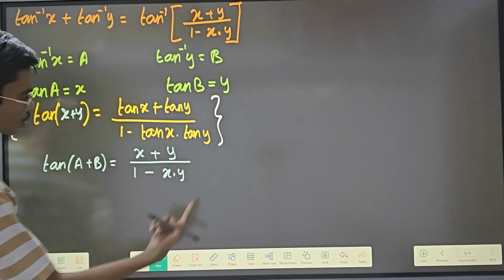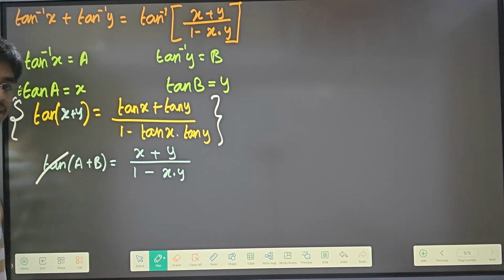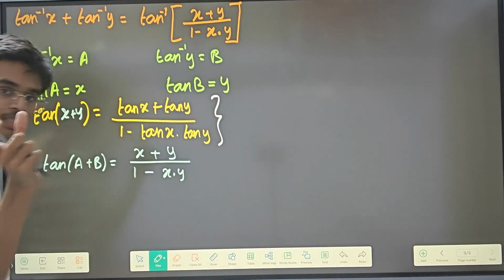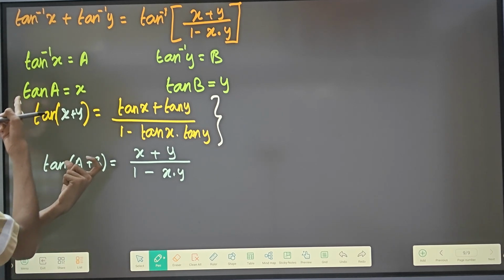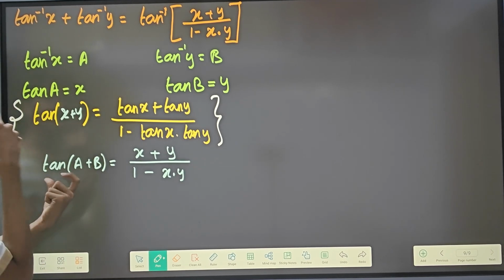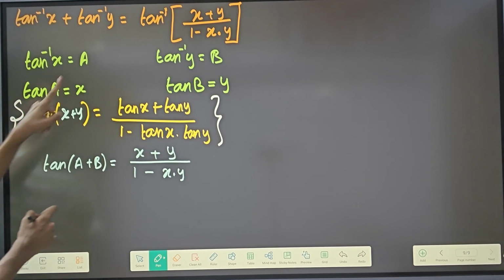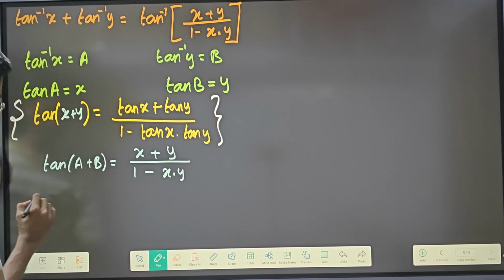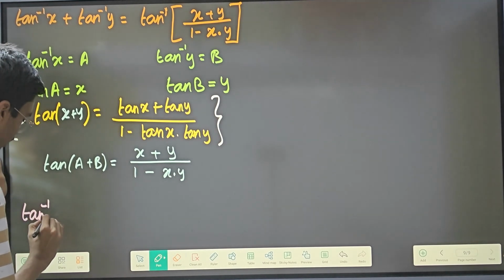Okay, so if you multiply this total equation with tan inverse, then the tan inverse and this tan will cancel out. Yes, right. So it will be just a plus b. So if it is just a plus b, what is a? Tan a is x, so a is tan inverse of x.